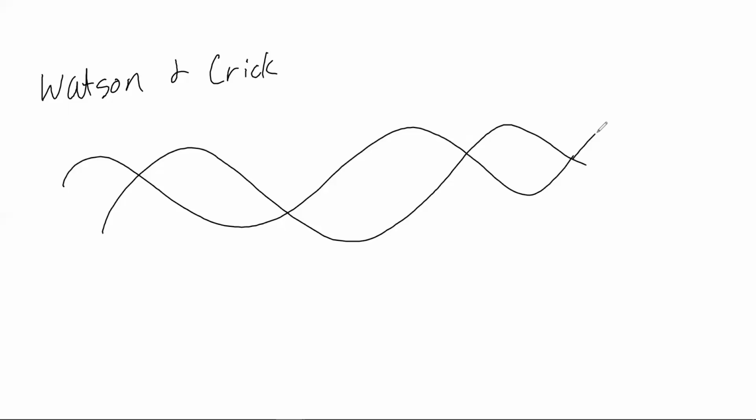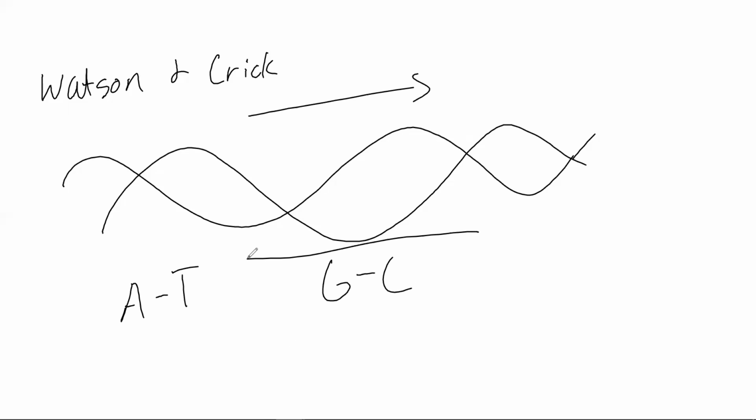They also discover that A bonds to T and G bonds to C. They discover that DNA runs anti-parallel, so one strand will go this way, the other will go that way. And I think that's it. So y'all understand all the history stuff, right? Fairly simple.